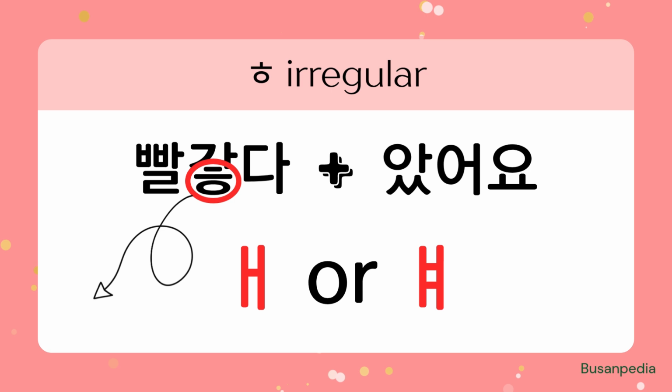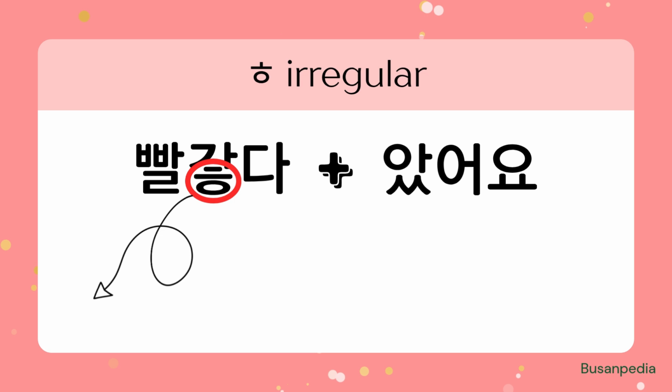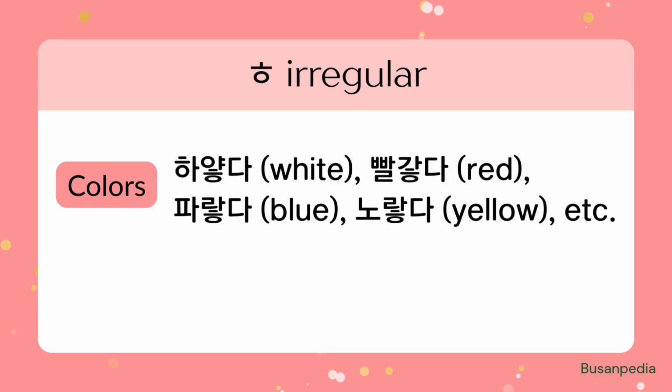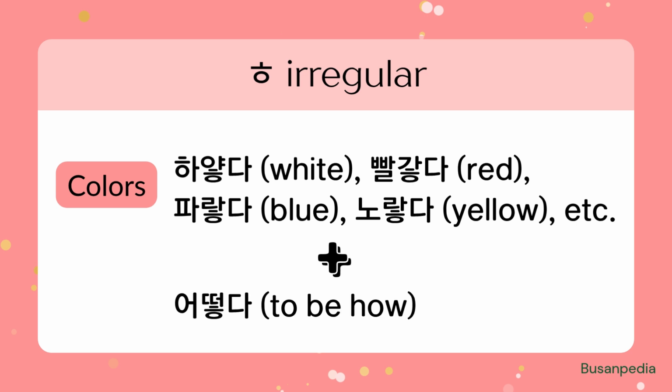When 빨갛다 changes to the past tense, ㅎ drops and the 아 combined with the stem changes to 애. So it becomes 빨갰어요. You will mostly see this in color words like 하얗다 and 빨갛다. The verb 어떻다 also follows this pattern.